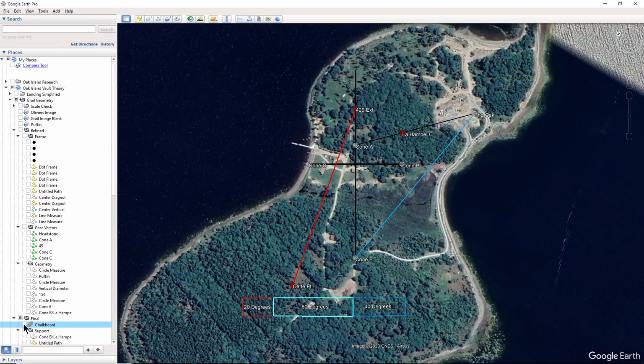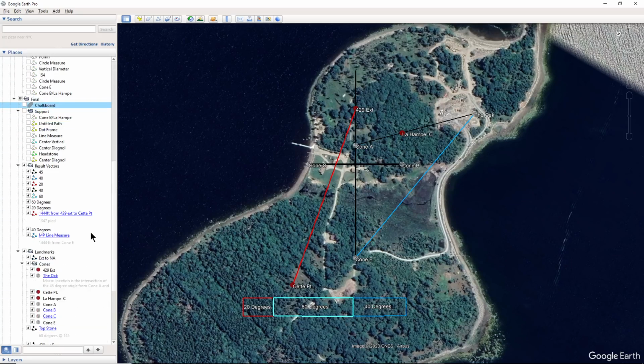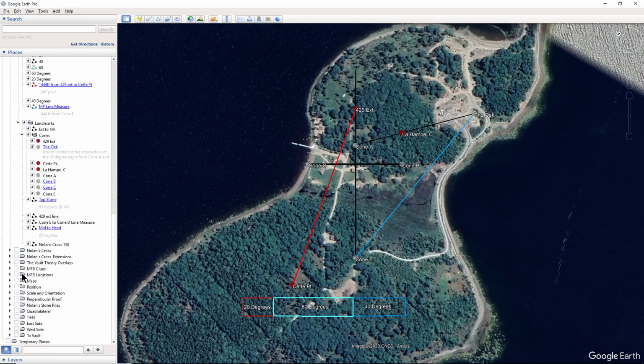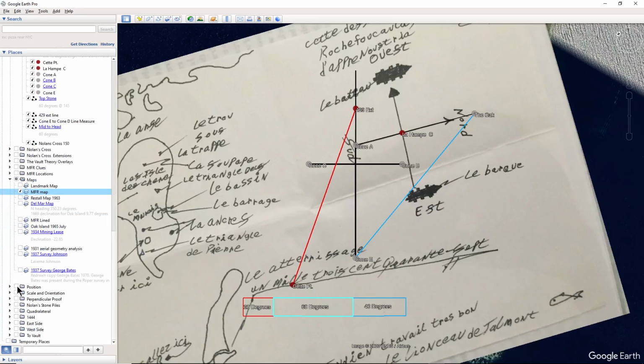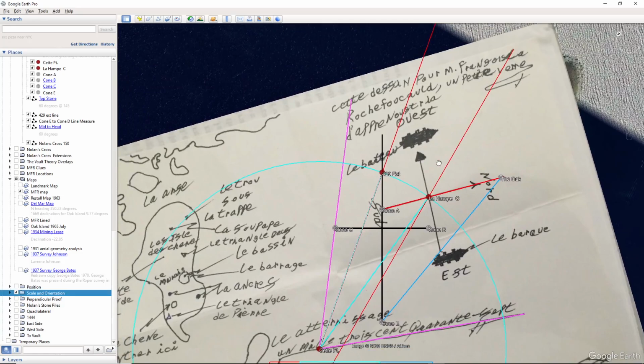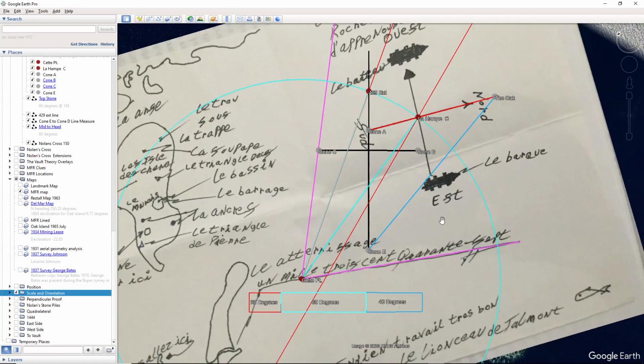It gives a validity to Zena Halpern's map, which I can put up really quickly to show you that it complies with that. And if you remember on my previous videos, we have the set point and the scale, which the positioning and the interpretation of Zena Halpern's map does that. So this is truly an amazing thing.